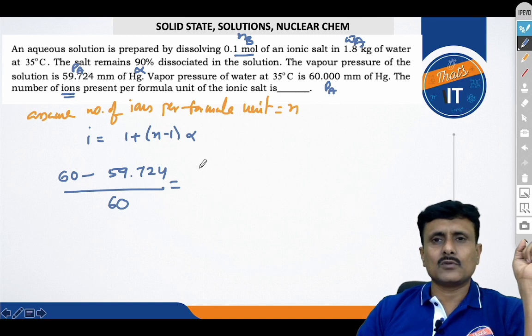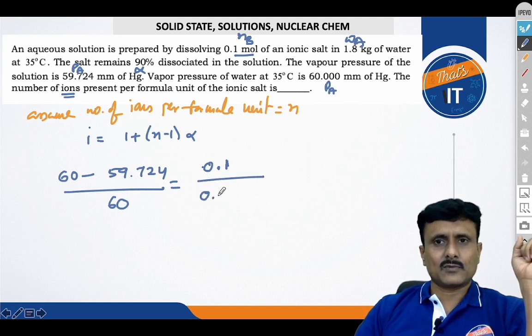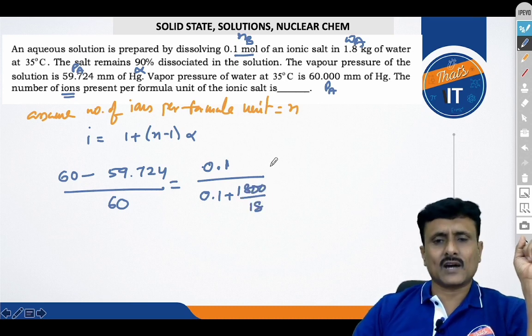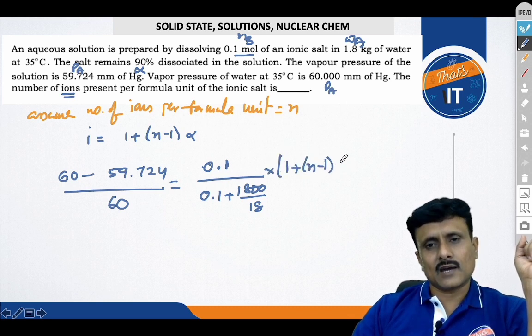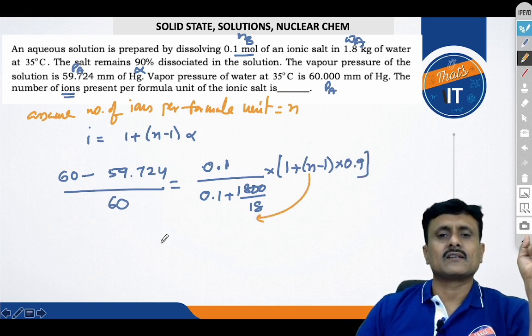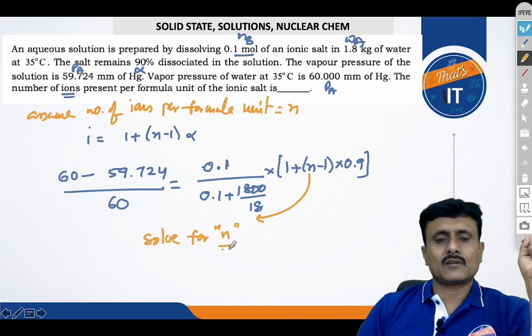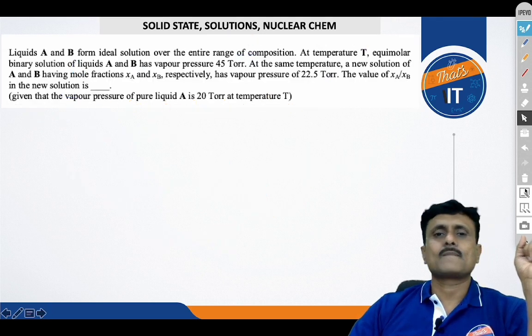That is the number of moles of solute by total moles, that is 0.1 plus 1.8 kg, that is 1800 grams by 18, into i, right? Into 1 plus n minus 1 into alpha, and the alpha value is given as how much? 0.9. Right? You have to solve this simple question to get n. The number of ions present per formula unit you can obtain, isn't it, right?